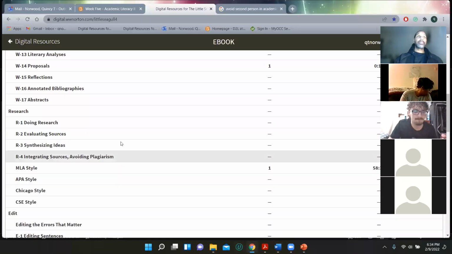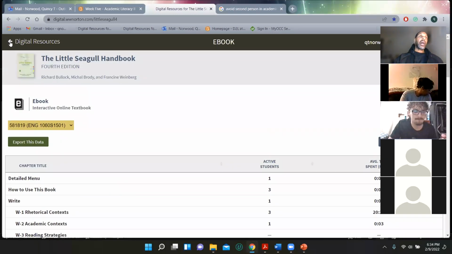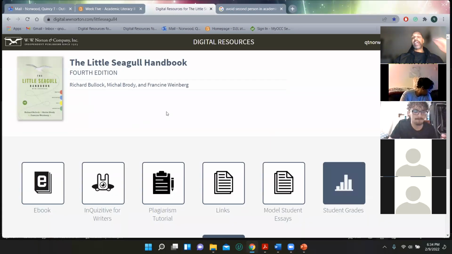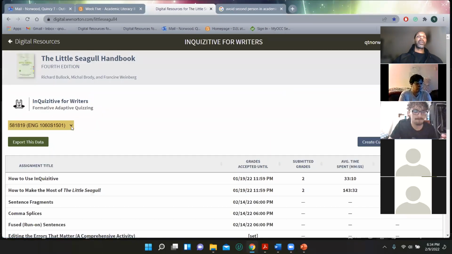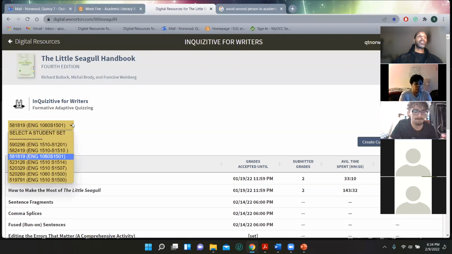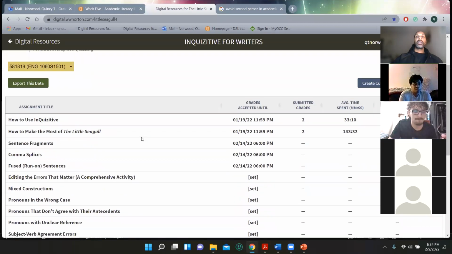And then before I forget, you don't have to do it now, but when you sign in to Inquisitive, or when you sign into your textbook, you all are going to see 2 assignments in Inquisitive. This little thing right here, when you log in, there will be that gold number 2. I have assigned 3 exercises, all about sentences. Really, don't worry about how you score for this, because it's more or less practice.